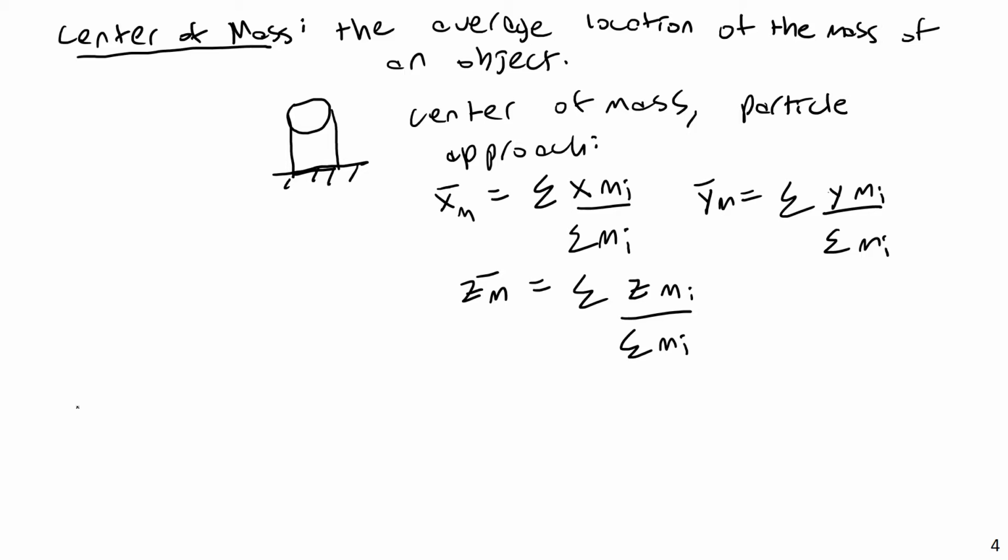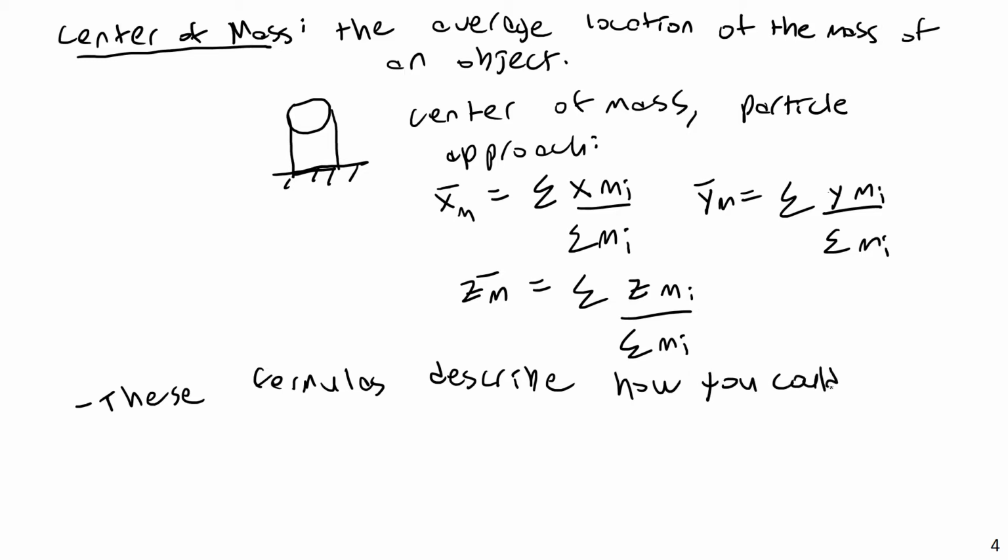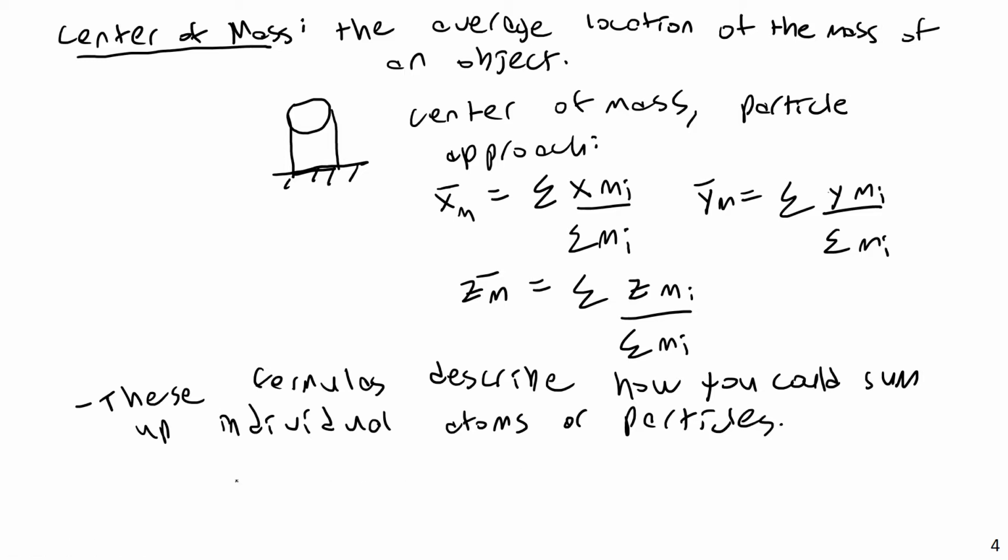Or I should probably, if I'm going to finish up with center of mass, mention there are also integral approaches. These formulas describe how you could sum up individual atoms or particles. In practicality, obviously for real physical objects, anything that you can actually see with your own eyes, it's not possible to add up the individual masses of every single atom or molecule in an object.